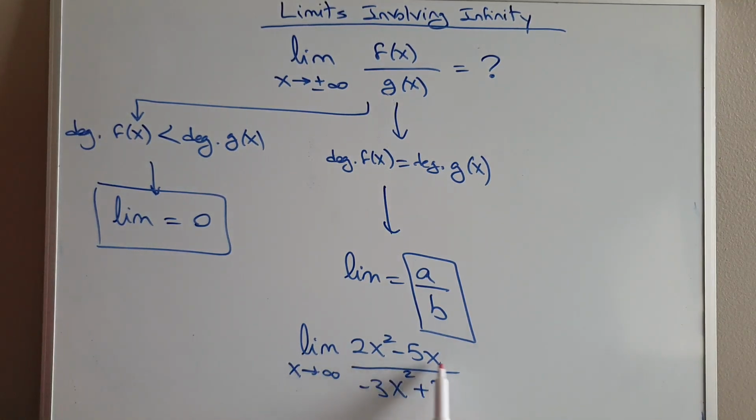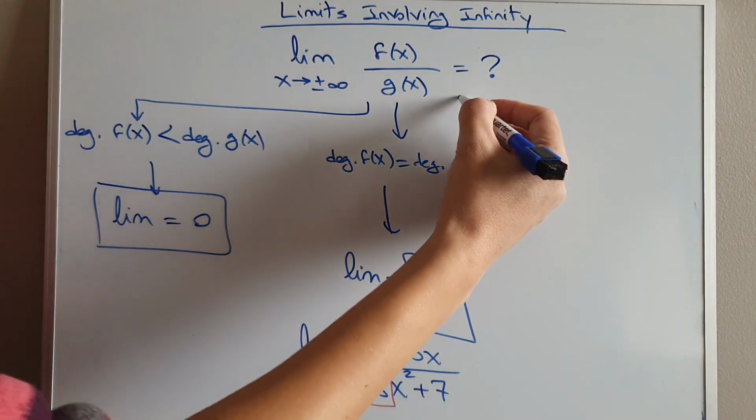So the highest power in the numerator is x squared, so this is the leading coefficient. For the denominator, it's x squared as well, so the leading coefficient is -3. So for this example, the limit will simply be 2 over -3, or -2 over 3.